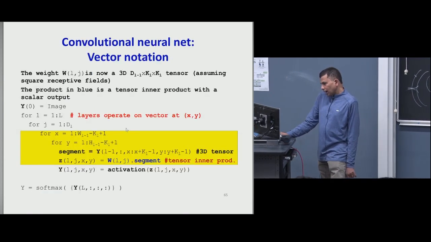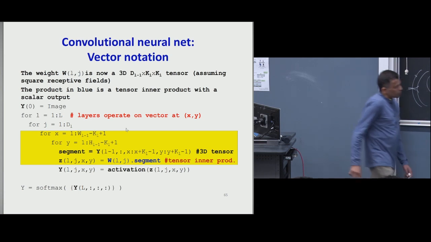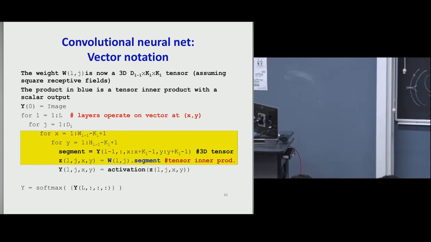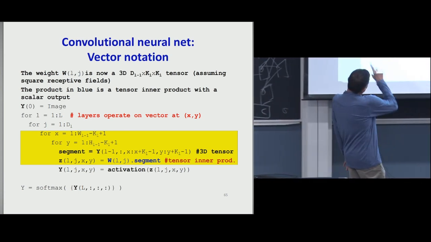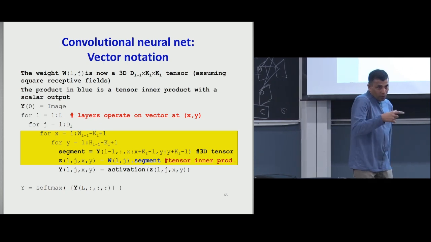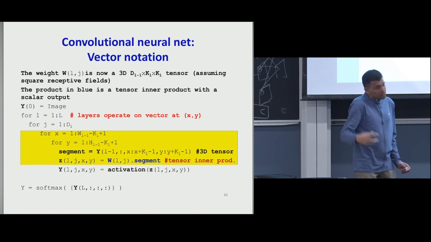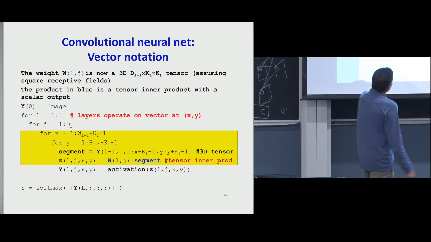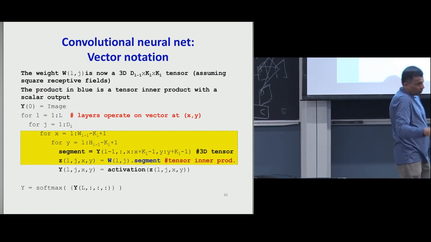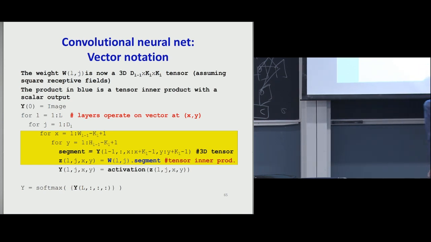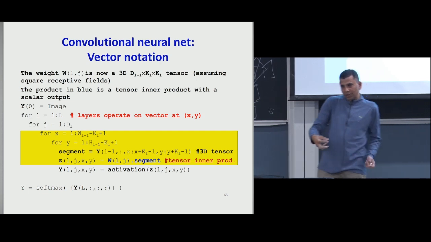So here's a piece of pseudocode. You can see what's happening. I'm going over all the layers. You're going over each neuron, which basically represents a filter, right? One of these cubes. And each cube is going over a patch of the input. But then you take the collection of patches from all of the planes, so this would give you a 3D tensor.